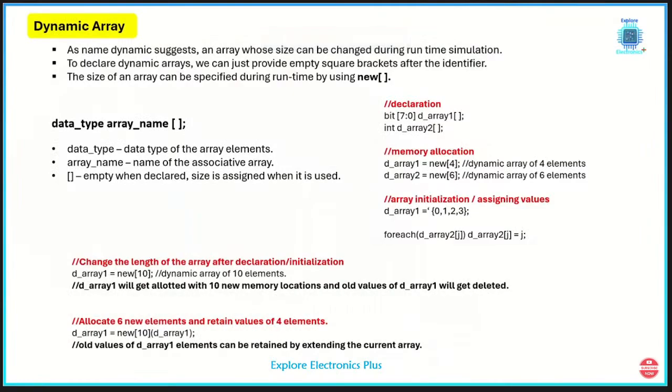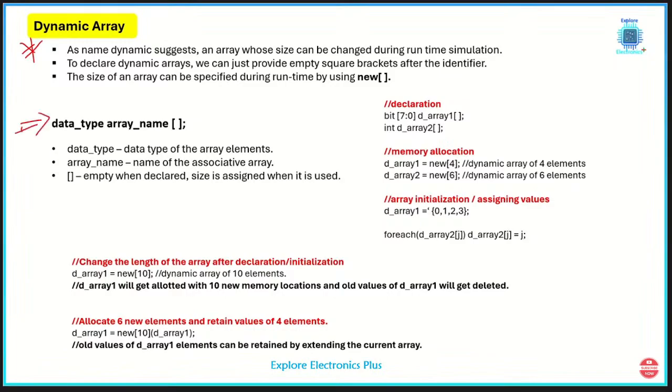Then comes a very important and very interesting topic in SystemVerilog, that is dynamic arrays. In dynamic arrays, as the name says, the size is dynamic. The arrays we have seen so far are allocated with a static size. Dynamic arrays, in the sense, will not allocate the size when we are declaring them.